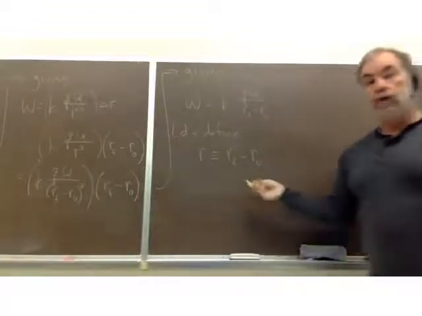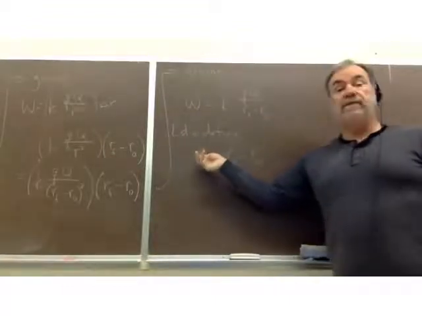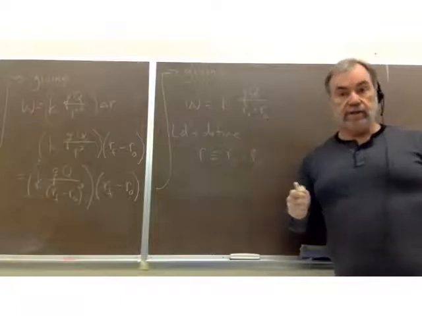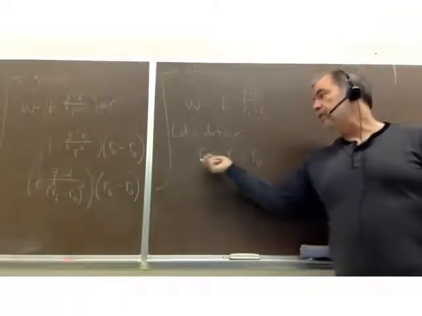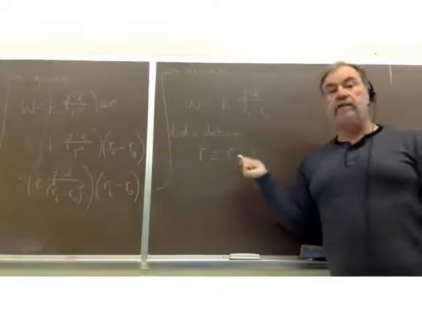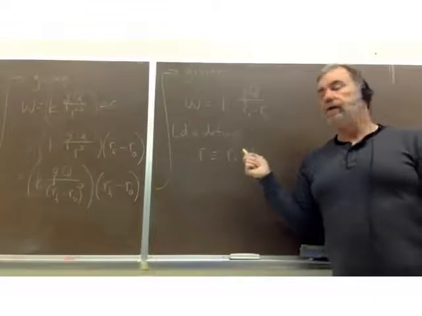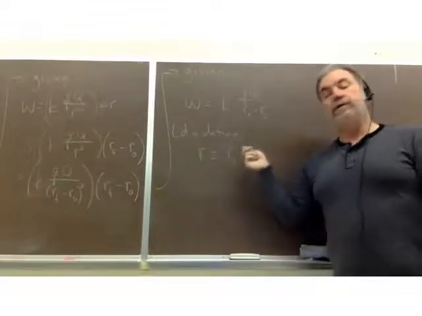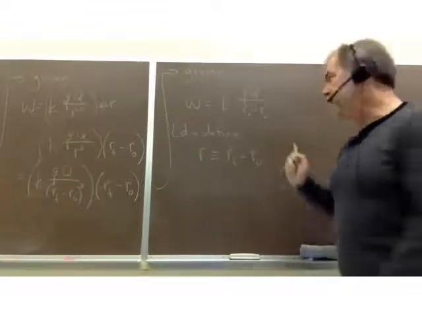Okay, now before I go any further, normally I would write this as delta r, but it's traditional in this particular field not to do that. We tend to just write it as r. And the only reason for that is that it keeps the equations from getting unnecessarily cluttered. But you need to remember that r is actually the displacement in this context.